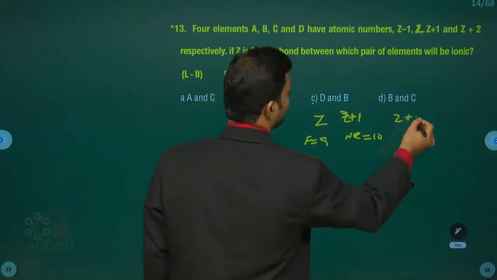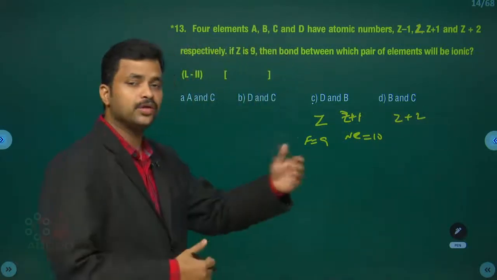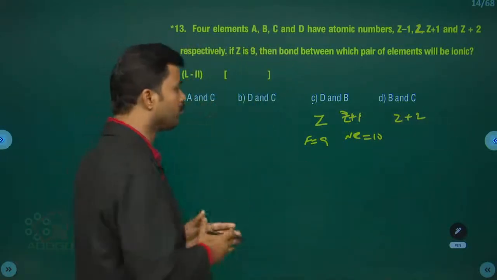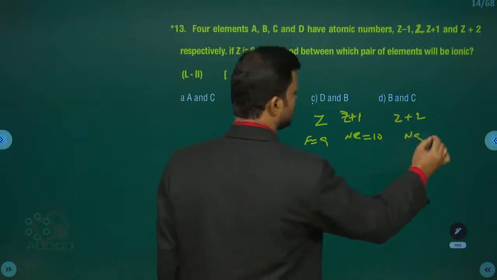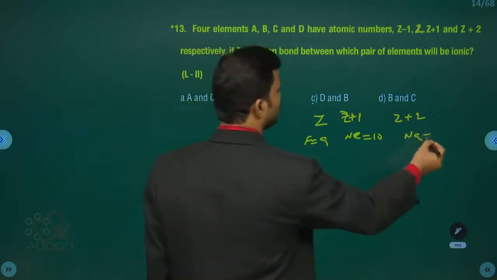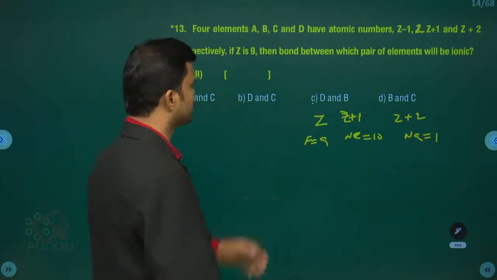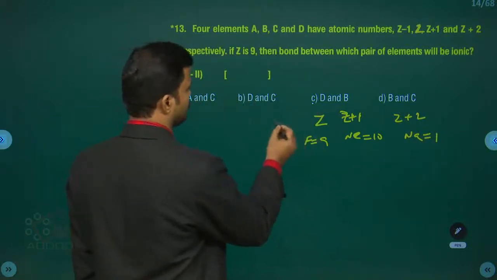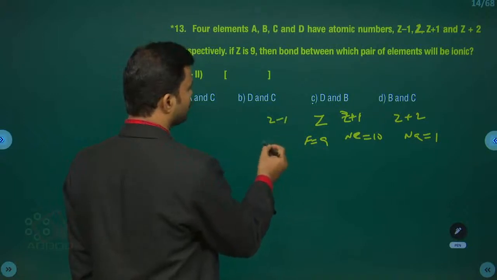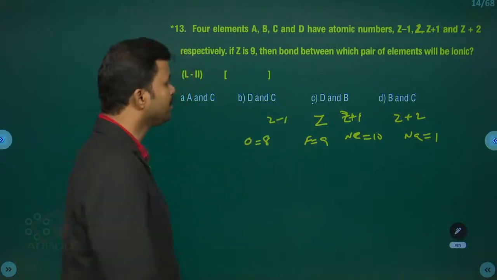And Z plus 2, after neon, is sodium, a 1A group element, atomic number 11. Z minus 1 is atomic number 8, that is oxygen.